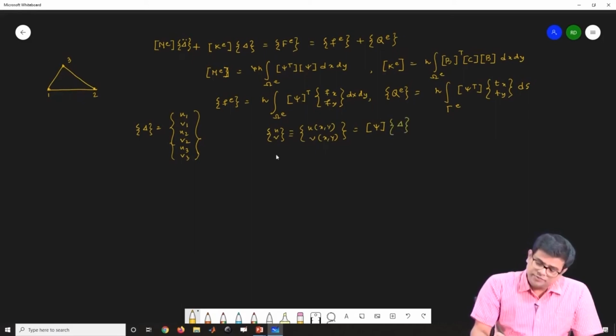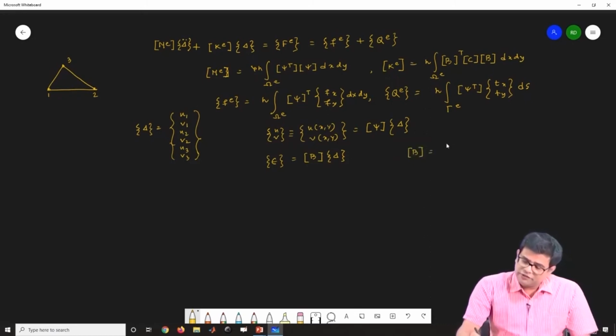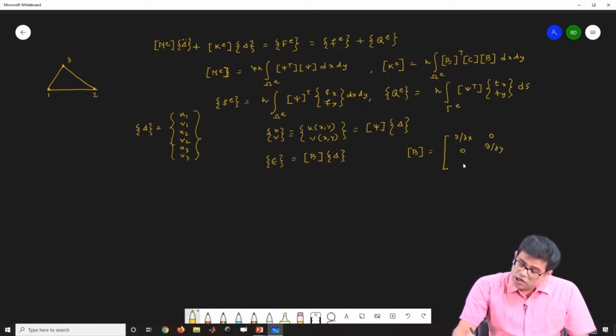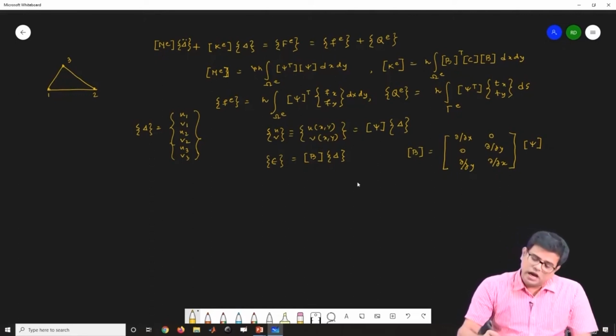Now B is the strain displacement matrix, where strain is B delta. The computation of the strain displacement matrix is also simple: B is the differential matrix, del del x, 0, 0, del del y, then del del y, del del x, times the shape function matrix psi.